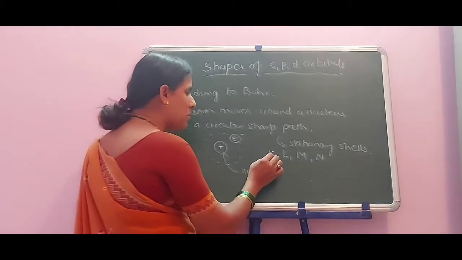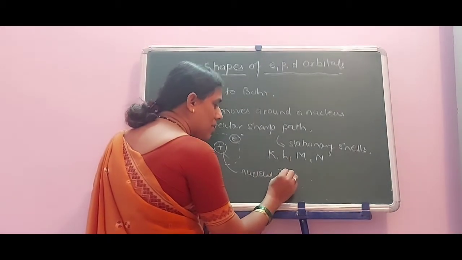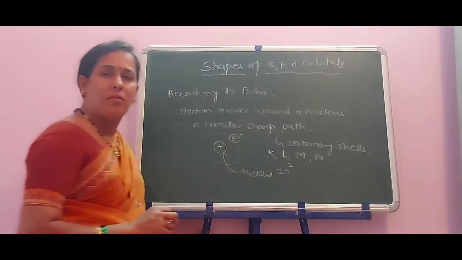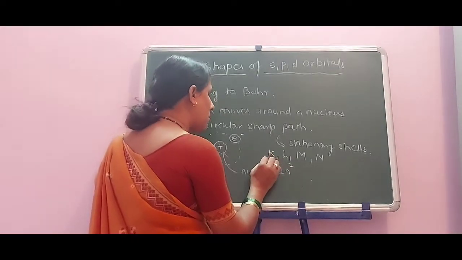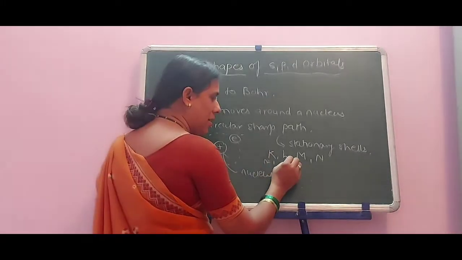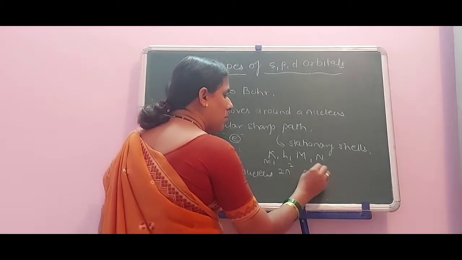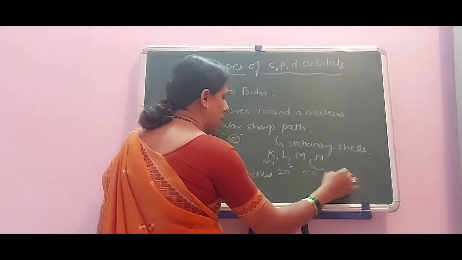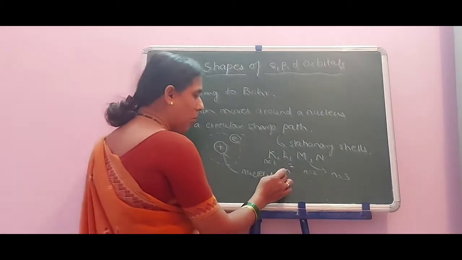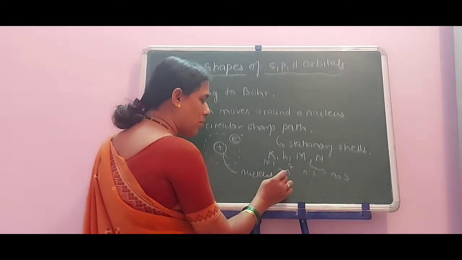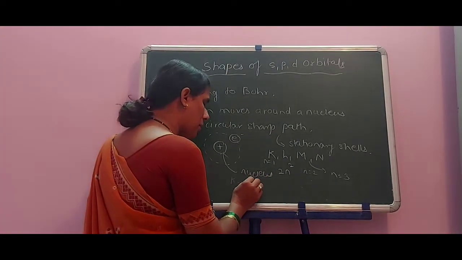The number of electrons in a shell is calculated from the formula 2n squared. For K, n is equal to 1, for L n is equal to 2, for M n is equal to 3. How many electrons can be accommodated in the first shell? 2 times 1 squared is equal to 2. Therefore the K shell can accommodate 2 electrons.